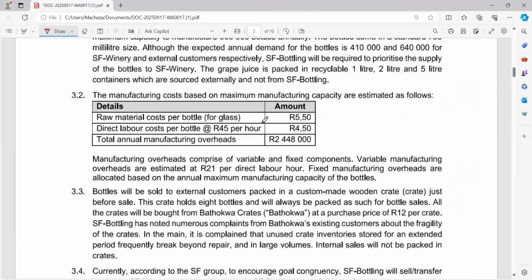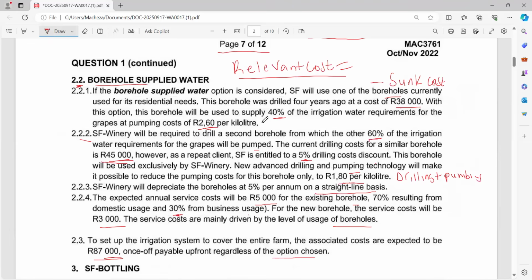Like here, by reading the scenario, you can tell this is relevant costing. So topics are very important.